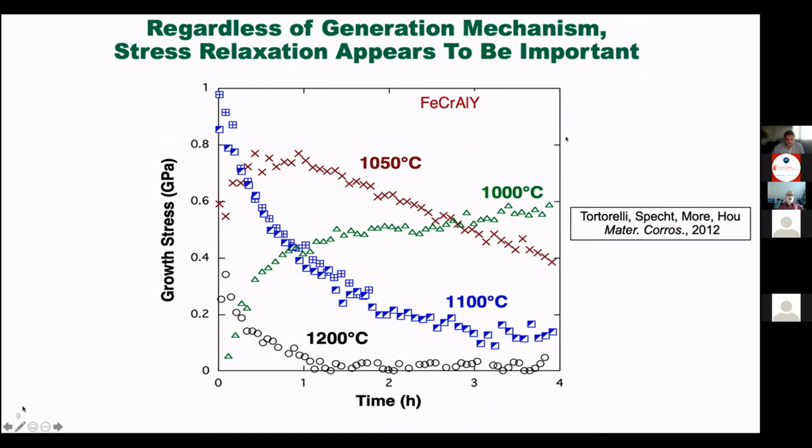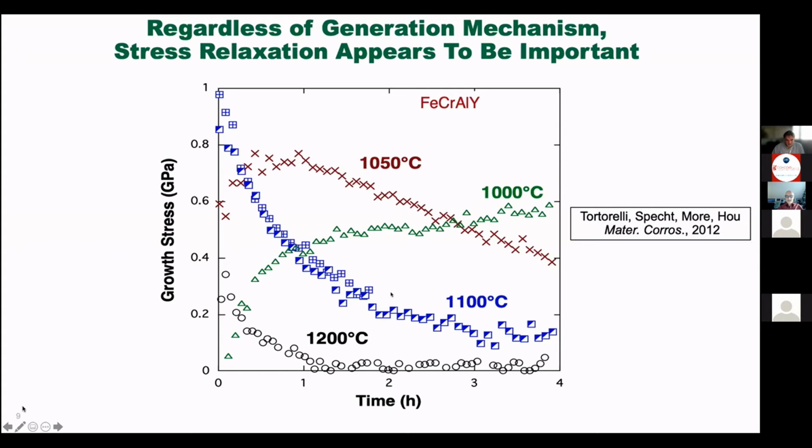So regardless of this stress generation mechanism, stress relaxation appeared to be the dominant mechanism for the appearance of these curves as a function of temperature and time. And this is a busy slide, but here is the 1200 degrees C data that I showed you.